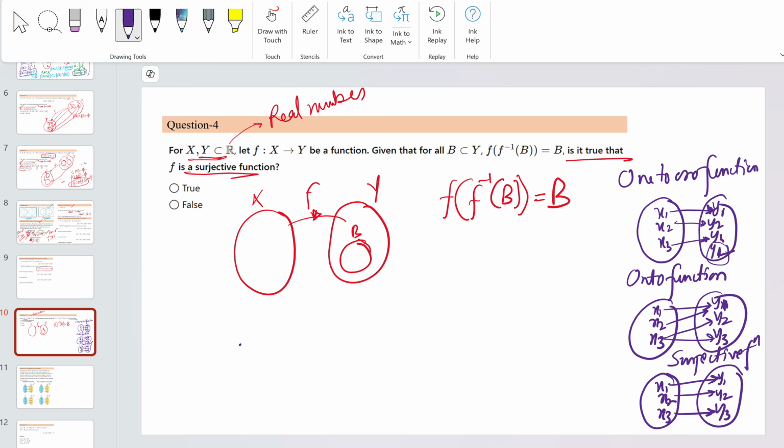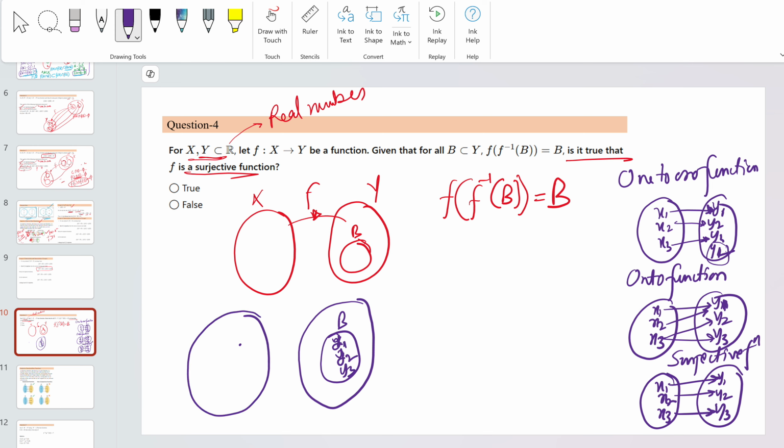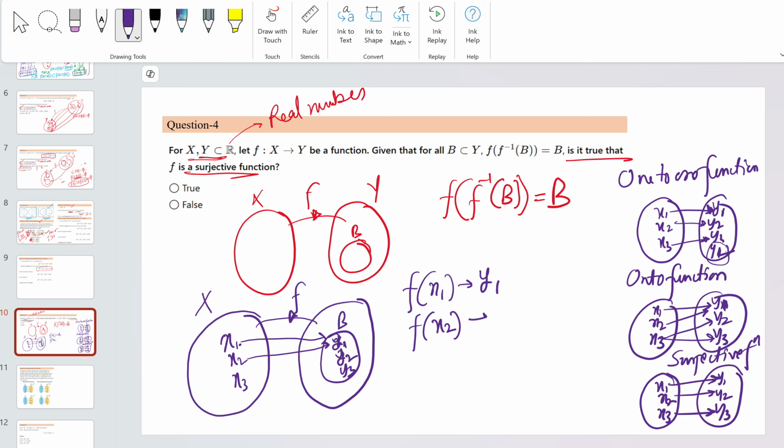Let's take it as an example. Suppose there is a subset B in the y, B having elements y1, y2, y3, and this is the function f on x. Suppose this is x1, x2, x3. When you say that the function of x1 is equal to y1, because I'm considering that it is a surjective function, and f of x2 will be equal to y1, okay.